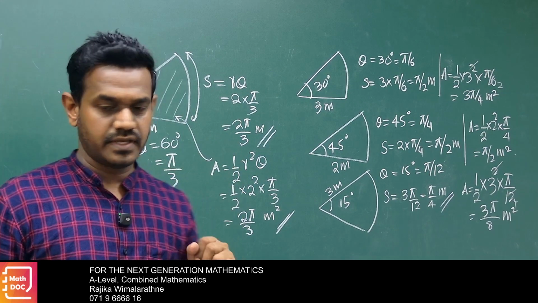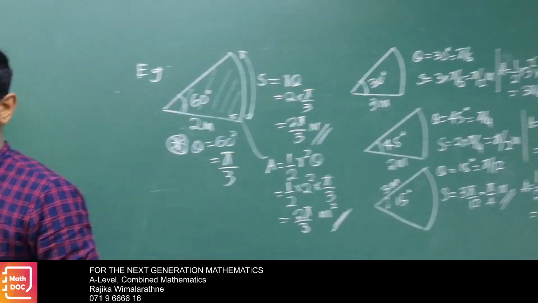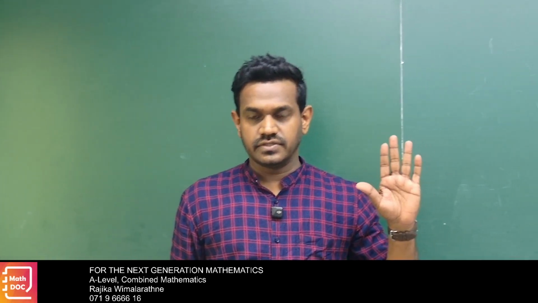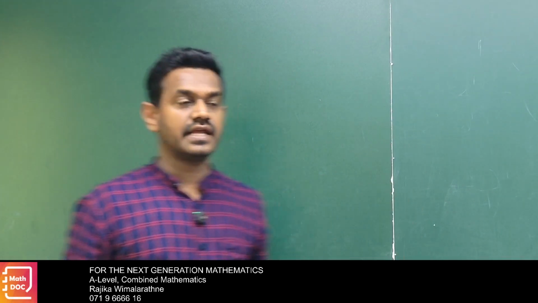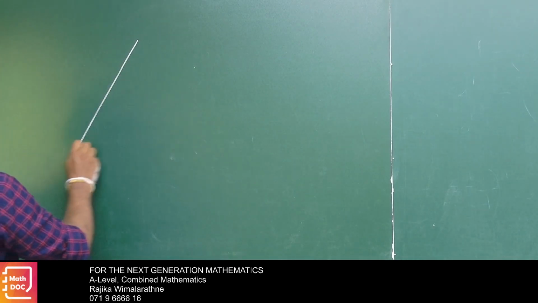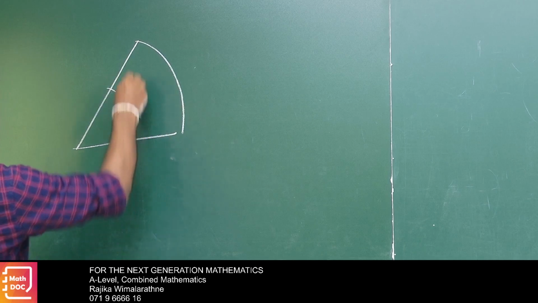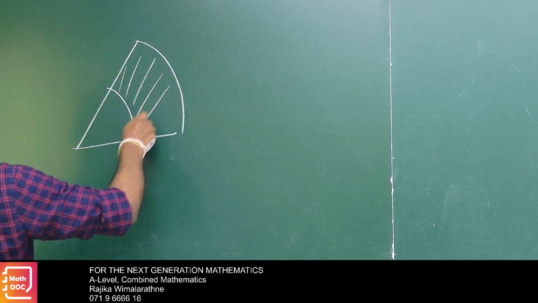Okay, now you continue. So you find perimeter and area for these cases. Find perimeter and area, shaded area. Find shaded area and perimeter.